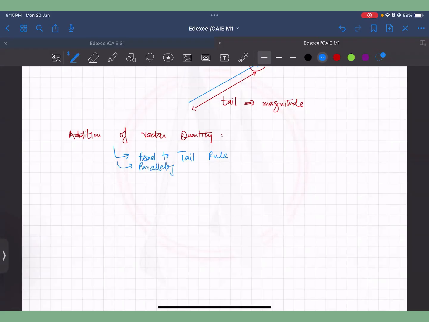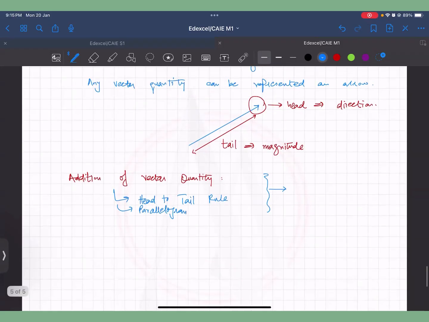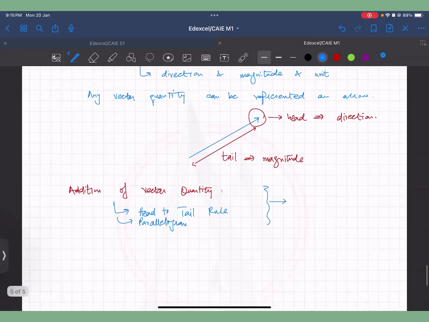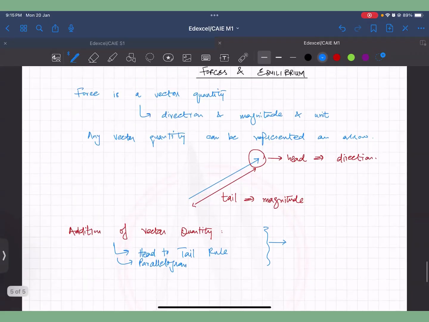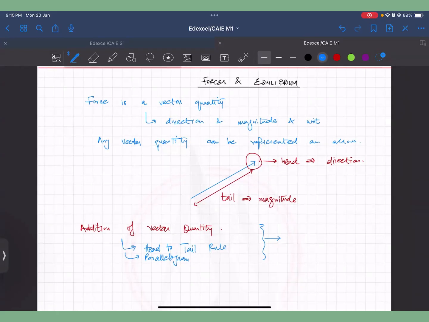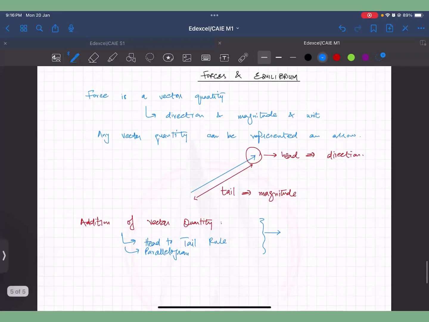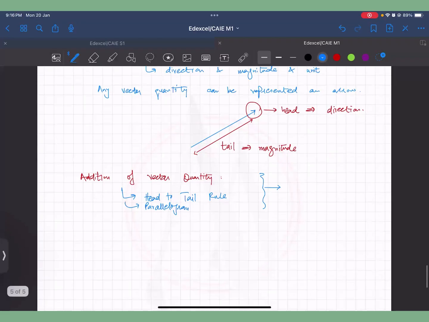The methodology is the same. When we add the vector quantities, what do we get after we do the head to tail rule or the parallelogram method? There's a specific name for the new vector that we get. Anyone can recall? Is it a resultant force? Yeah, good. Resultant vector.